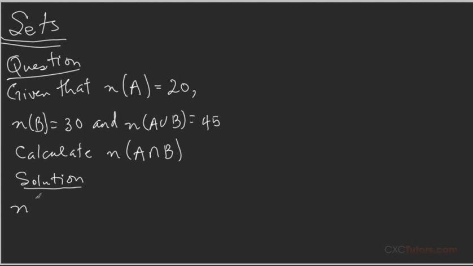The formula states that the number of elements in A union B is equal to the number of elements in A plus the number of elements in B minus the number of elements in A intersect B.